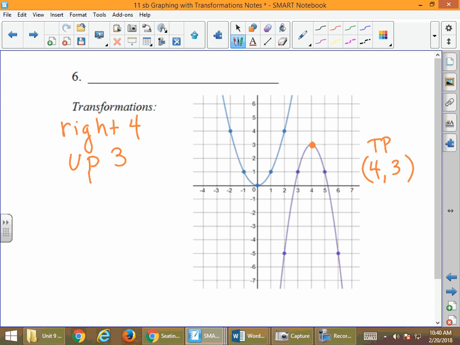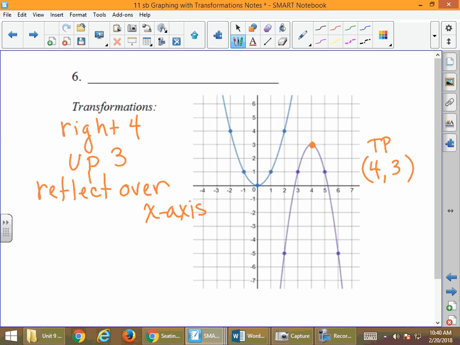In fact, what we see is that our new picture is turned over, it's upside down, and we call that a reflection. And it's a reflection over the x-axis. We only have one more other type of transformation that we do in Algebra 2, and it is a vertical stretch or compress.